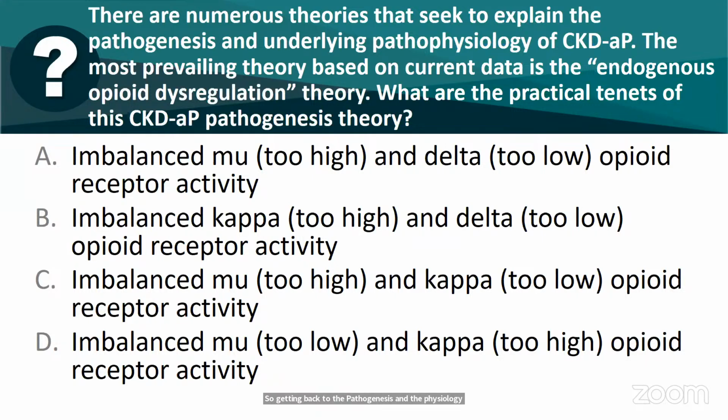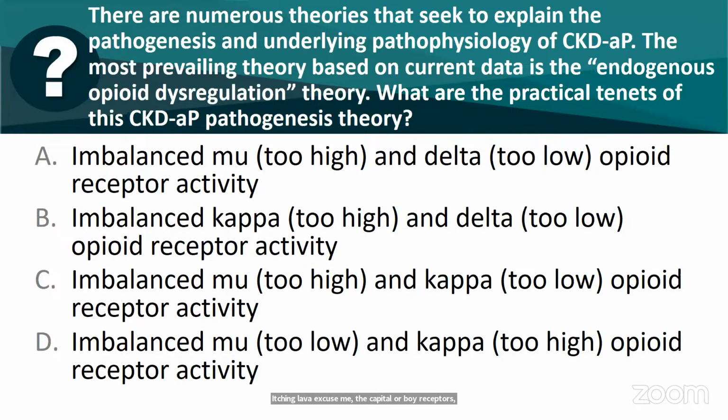earlier slides, the endogenous opioid dysregulation theory is based on the idea that the mu opioid receptor, when bound by endorphins, promotes the itching, while the kappa opioid receptors, those KORs, when bound, inhibit itching.